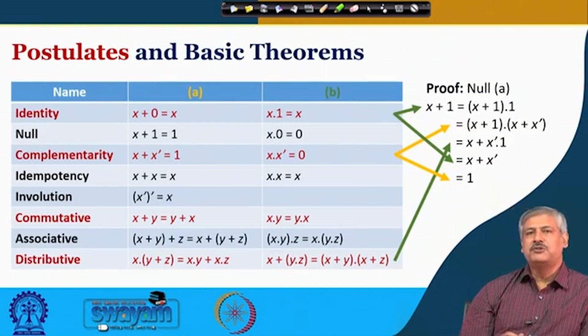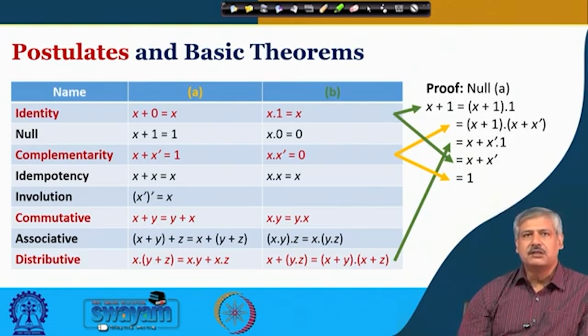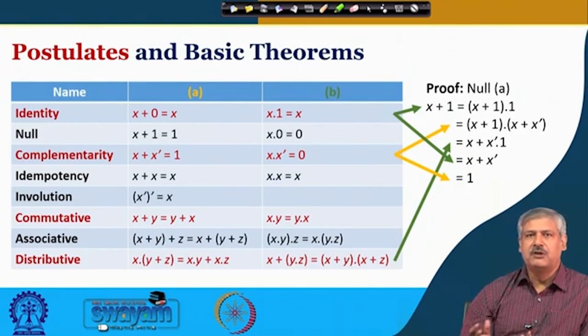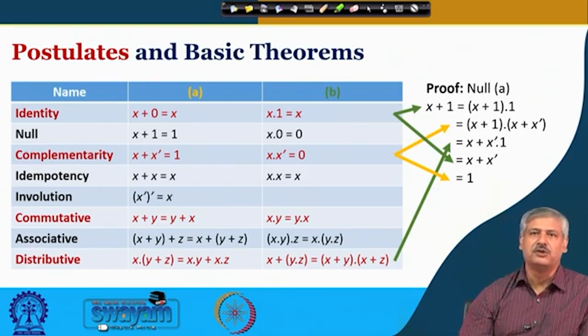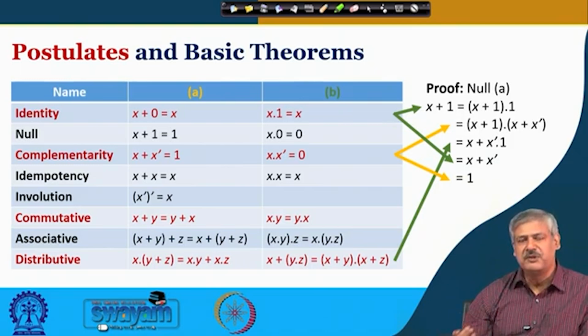Now, with these postulates behind us, we take note, in the form of a table, of some important identities which are very useful in Boolean algebra based manipulation. Some of them are directly derived from the postulates, and some are represented as theorems which can be proved from the postulates.